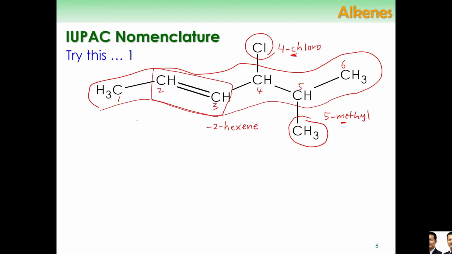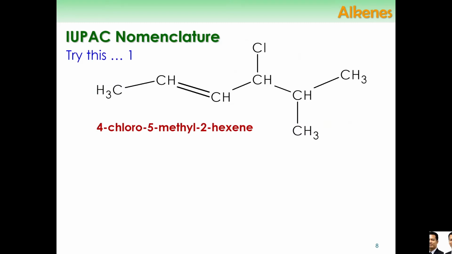So the name for this compound is 4-chloro-5-methyl-2-hexene. Okay, so let's see the answer. Okay, the same, 4-chloro-5-methyl-2-hexene. So that is the proper answer for it.